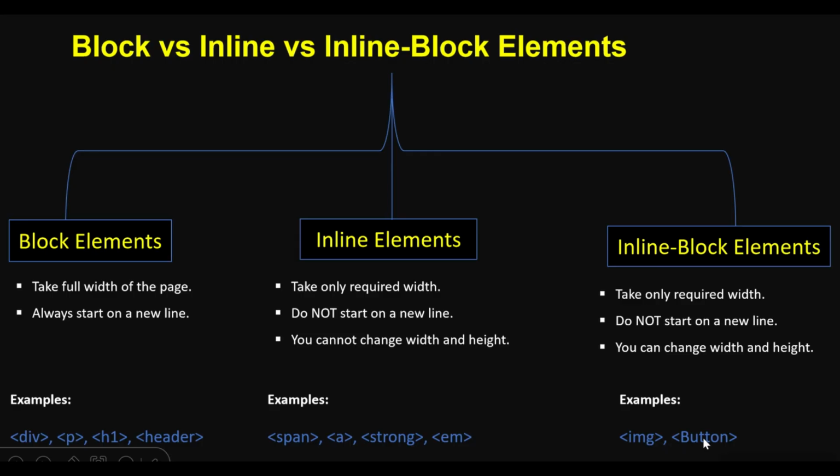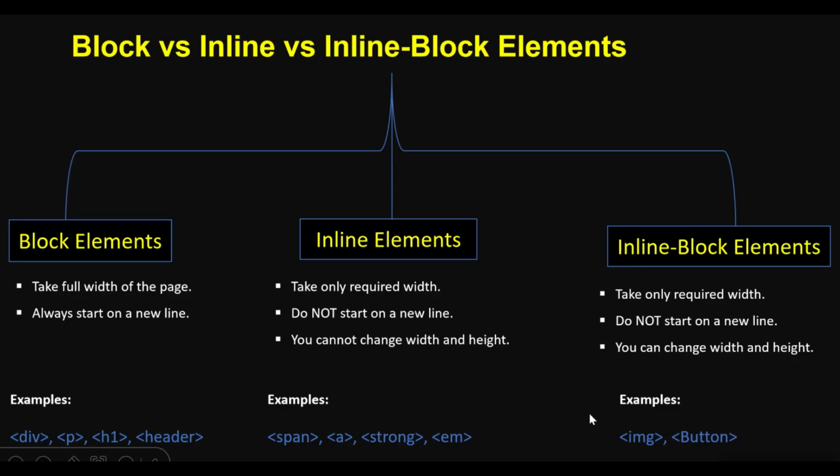Examples are image and button. Image and button are inline in the sense they do not start from a new line, but you can change the width and height of these elements. So these are block elements, and these are inline block elements.